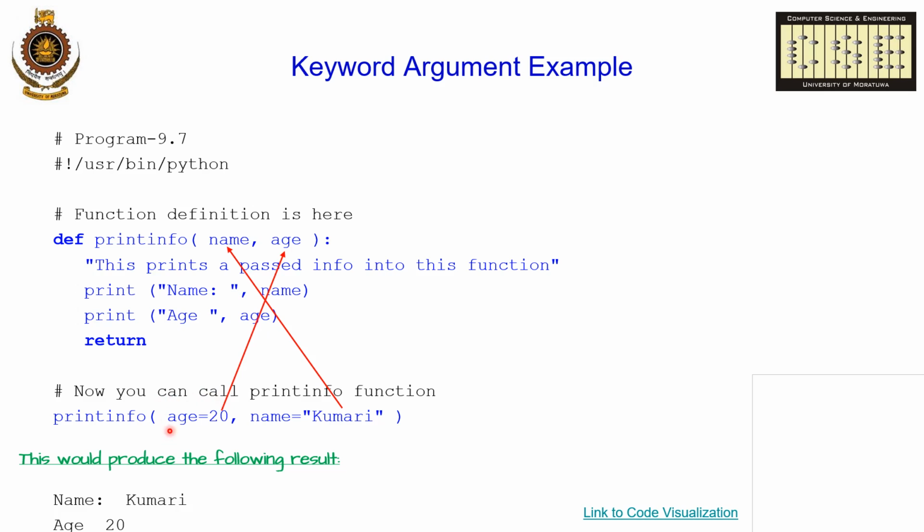When you say what argument you are passing, it doesn't matter if it is defined first or second or third or fourth, because the mapping of the argument to the value passed is done using the keyword. That's the reason we can interchange or go out of order, without matching the order of the defined arguments. It's successfully called because we see the output name equals Kumari and age 20. So that's how you call a function with keyword arguments. Try to look at the difference between this and the previous one.